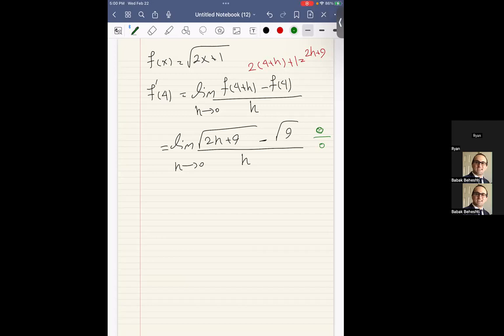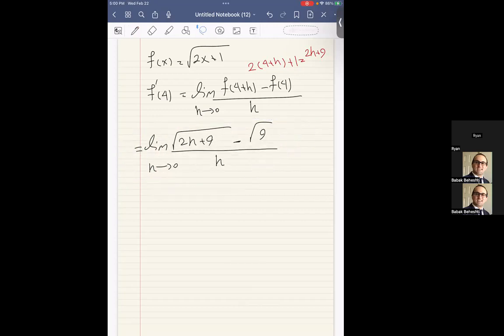Now because you have a square root, you can multiply by its conjugate. So you multiply the top and bottom by the square root of 2h plus 9 plus root 9, and you have to divide by the same thing, 2h plus 9 plus root 9.